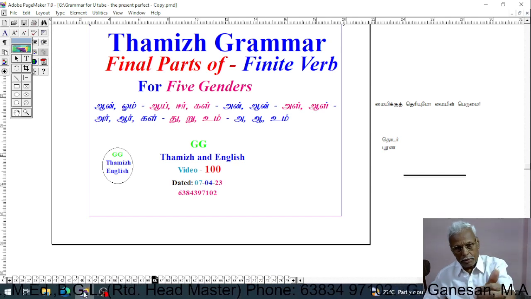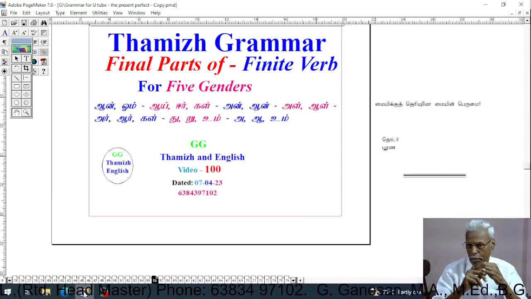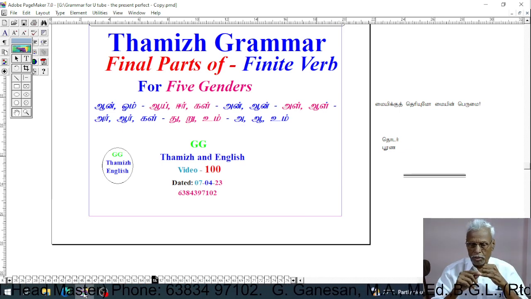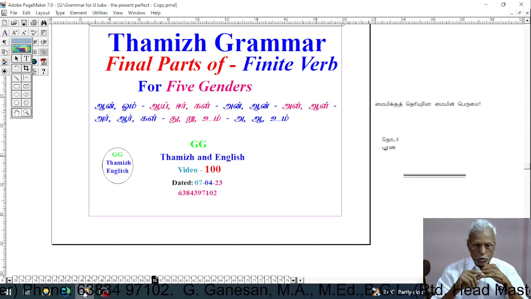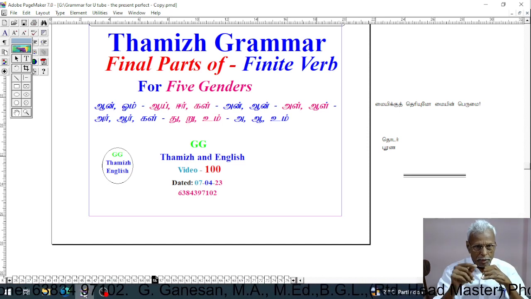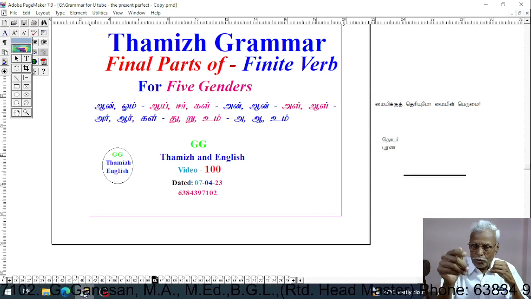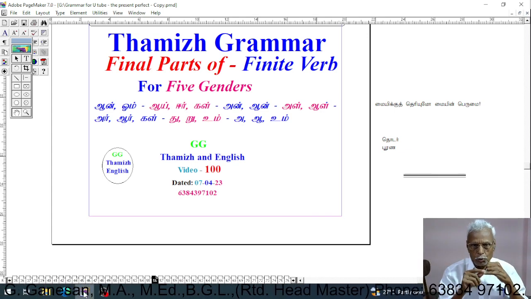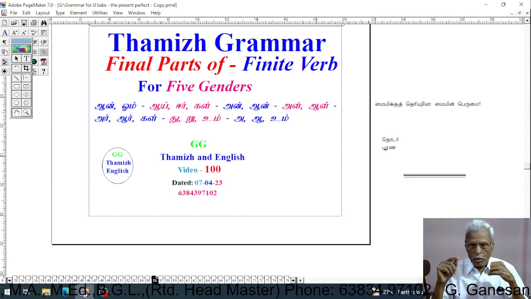Third person masculine gender: an; feminine gender: al; human plural gender: ar, kal. Third person neuter gender singular: tu; plural: a.